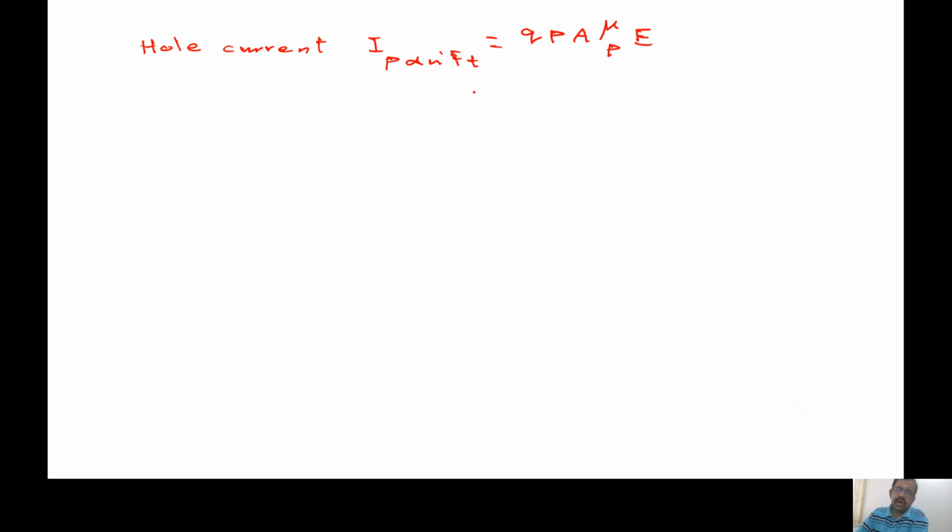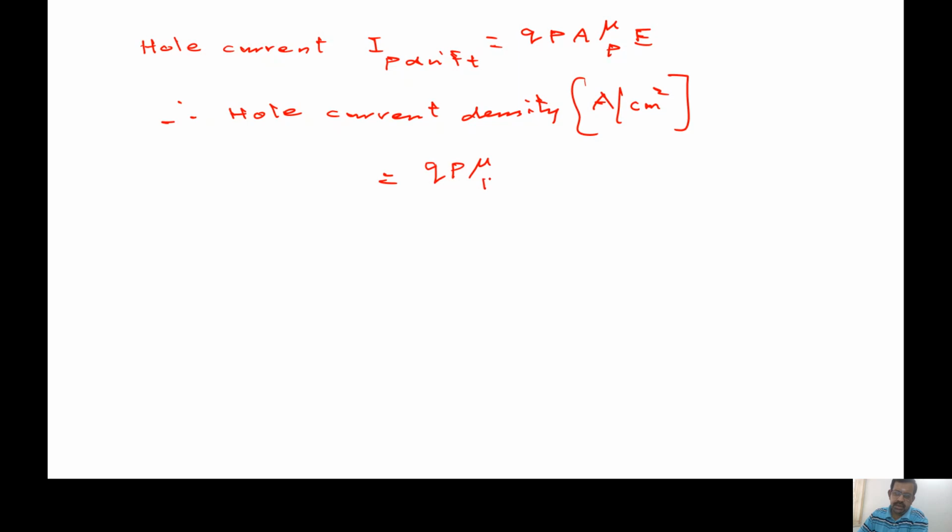Okay, and therefore the hole current density, measured in units of ampere per centimeter square, is actually Q P mu P E. Okay, what has happened here?